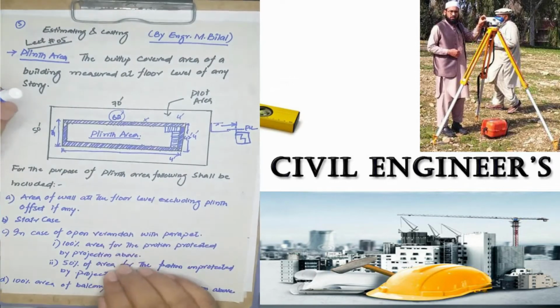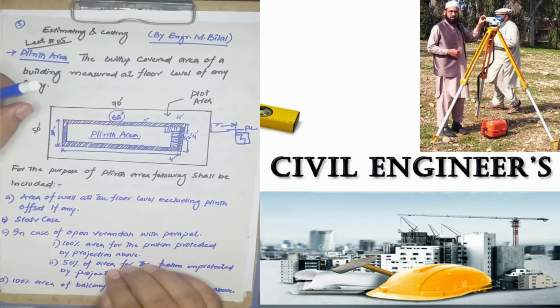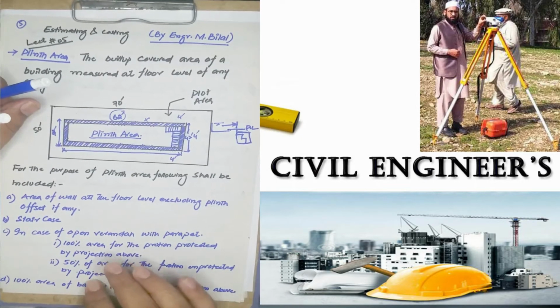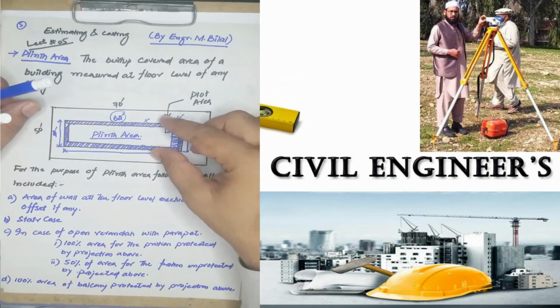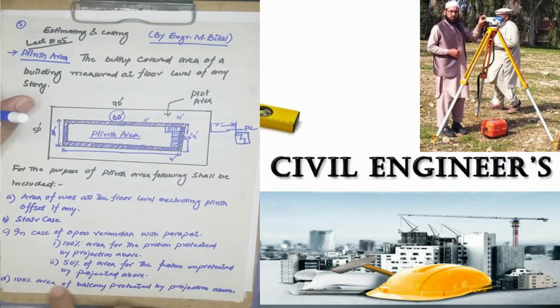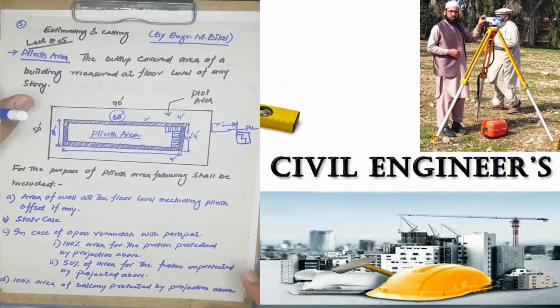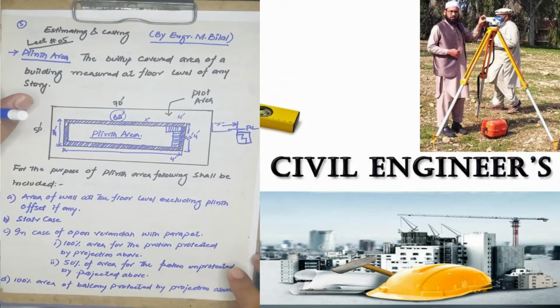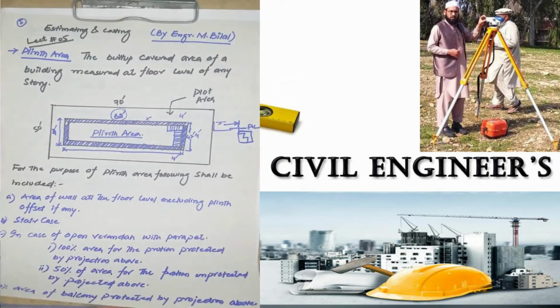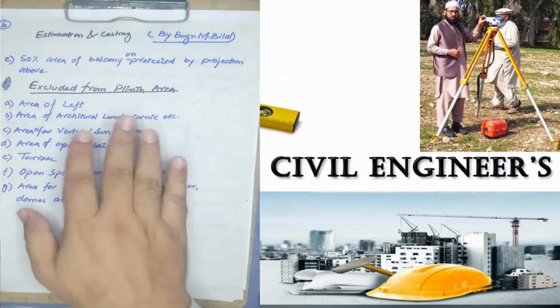Let's suppose a veranda having 100 square feet area but unprotected by a projection, so we will take 50% in plinth area. The 100% area of a balcony protected by a projection is also taken, the same case as the balcony.